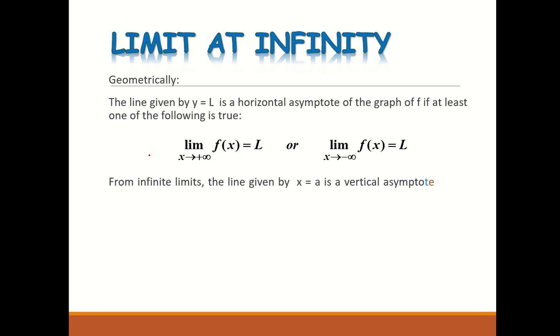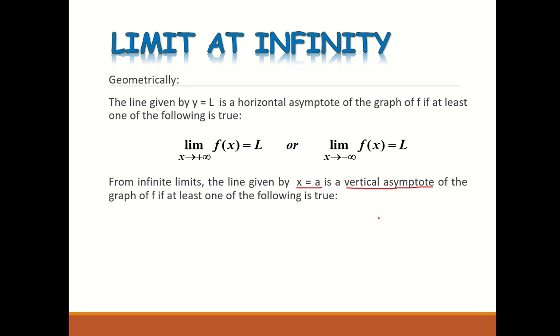Then from the infinite limits, the line given by x equal to a is the vertical asymptote of the graph of f if at least one of the following is true.